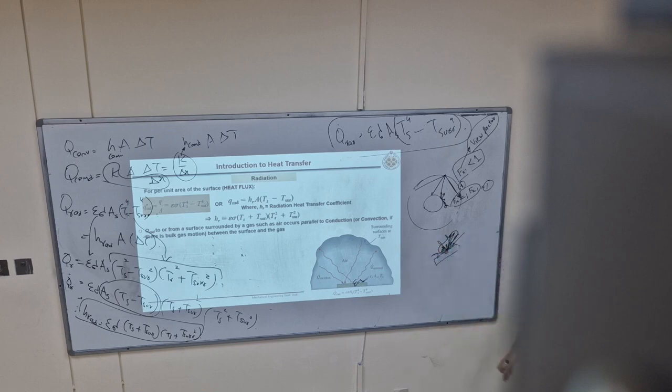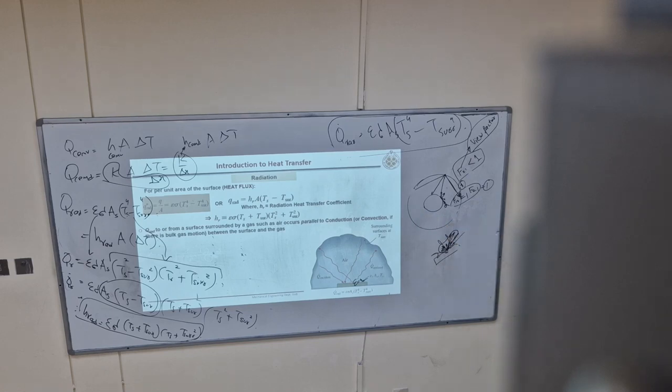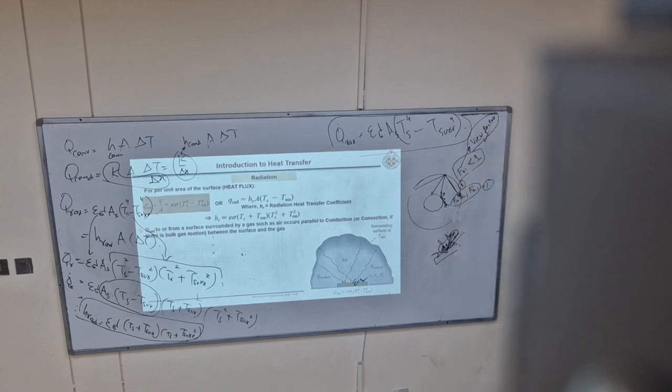No, I meant when we divide it, the F12. Look, here we are neglecting F 1 to 2. If you wanted to, then wait for the radiation chapter. That is a complete topic, view factor. Just see in your book, view factor.